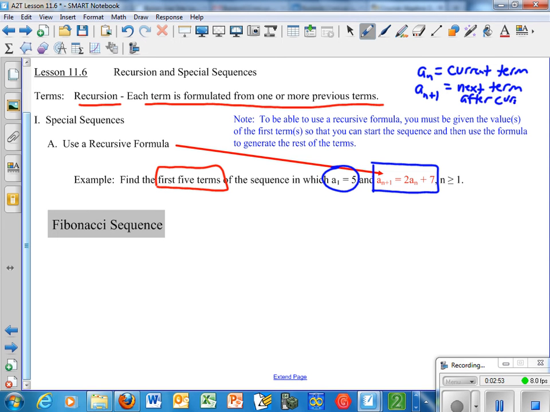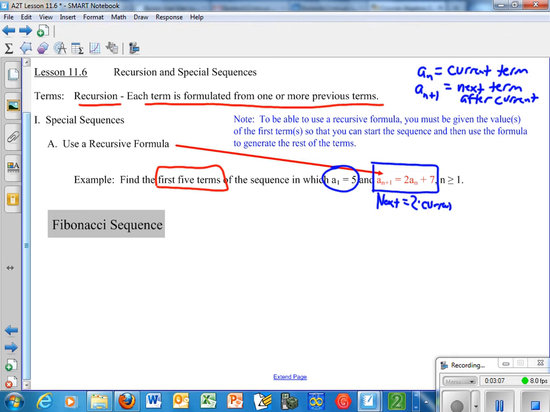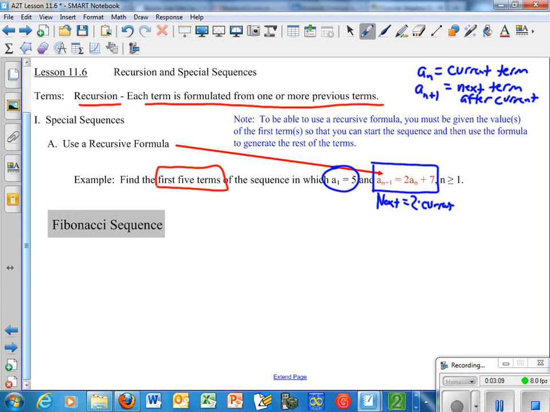So if you look at this formula, this says to find my next term, I'm going to take 2, multiply it by the current term, and then add 7.